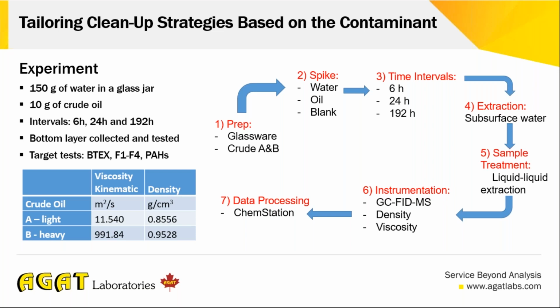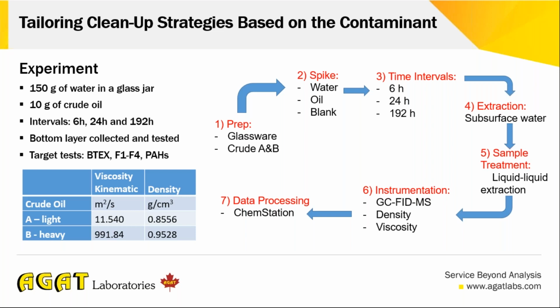I'm emphasizing this just to show you that this is solely a lab-based experiment. We eliminated the environmental factors that ideally, on a larger scale, we would want to test as well. But at this stage, we just wanted to see how chemicals from the oil react with water.